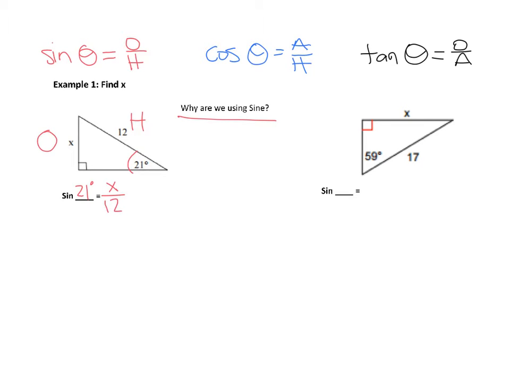Here's where the math part works. This is where we're going to solve. We would be, in a sense, cross multiplying, solving for x. So if I cross multiply, I get 12 times the sine of 21 equals 1 times x, which is just x, and that's what we need.